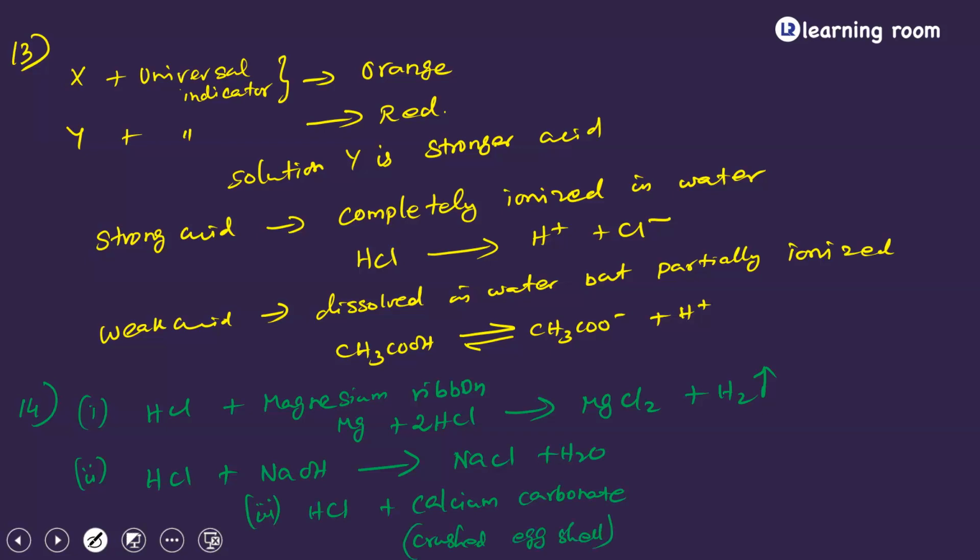What is the formula for that? CaCO3. Then it will take 2 moles of HCl. It gives CaCl2 plus CO2 plus H2O. So calcium chloride is formed. 15th.